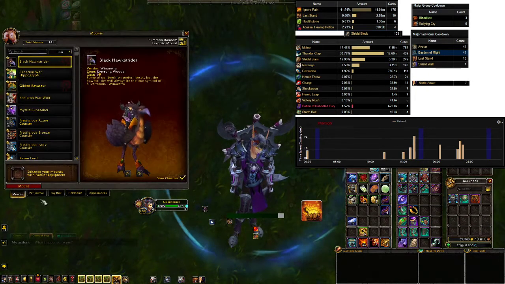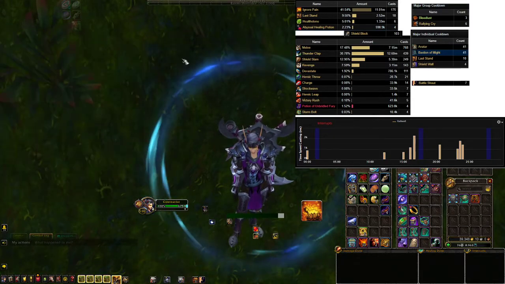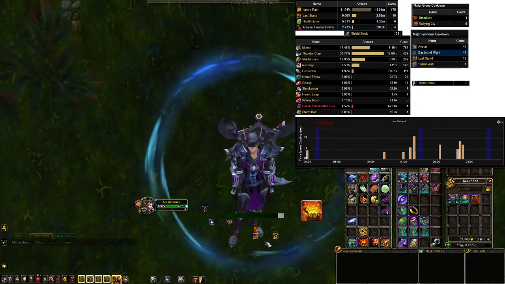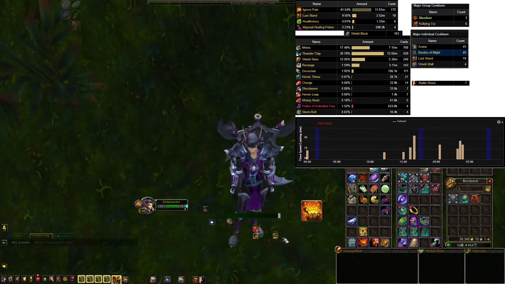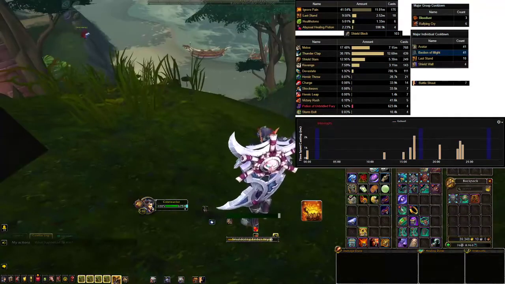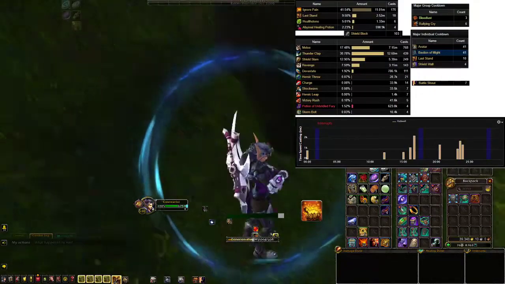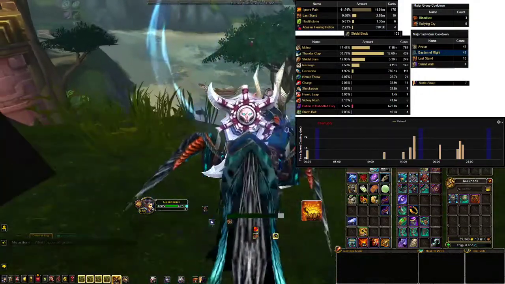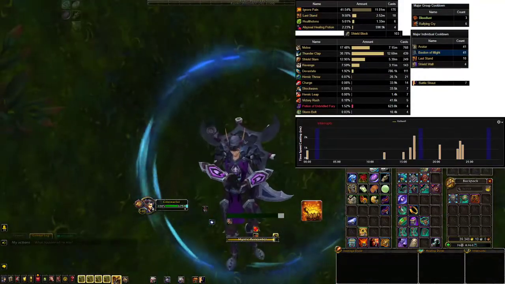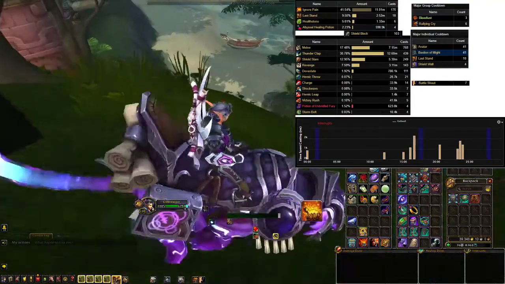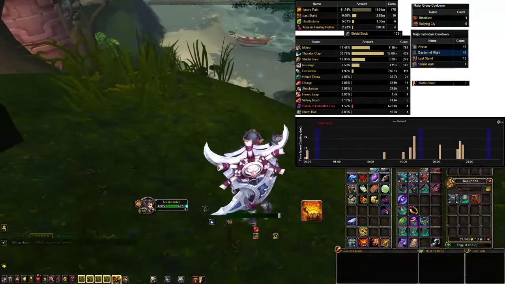One thing that I also like to add is a consistent keybind for my mounts. The reason this is important is because there's actually a lot of times when it's important to mount up fast in dungeons. So it's just good to have that keybind available and for it to always be the same thing without having to click or find it.